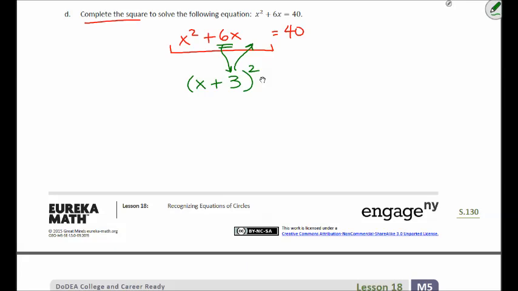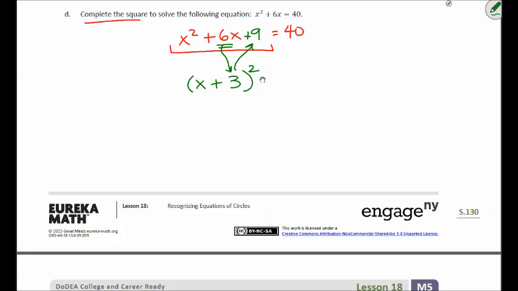Okay, we saw that again in the pattern. So 3 squared equals 9. So I had to have a plus 9 right here. Okay, so x squared plus 6x plus 9 perfectly follows our pattern, and so that would be a perfect square trinomial. It would factor perfectly into x plus 3 squared.